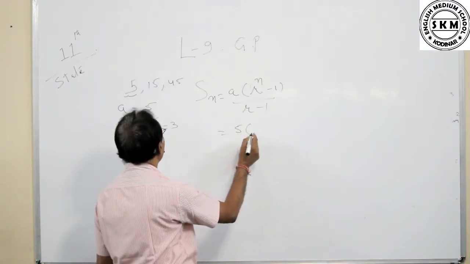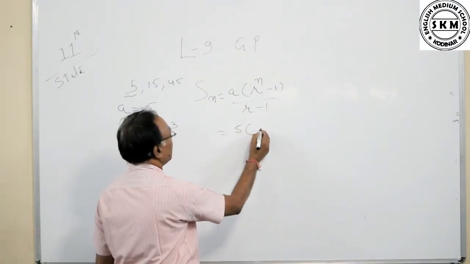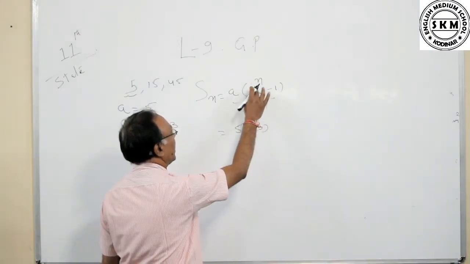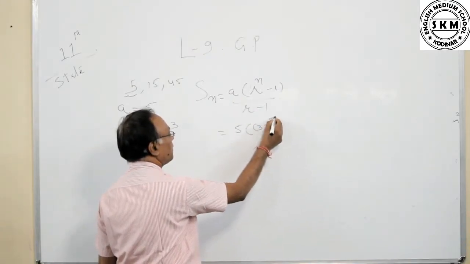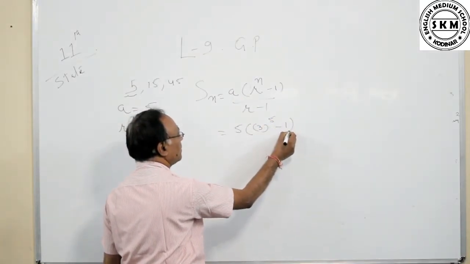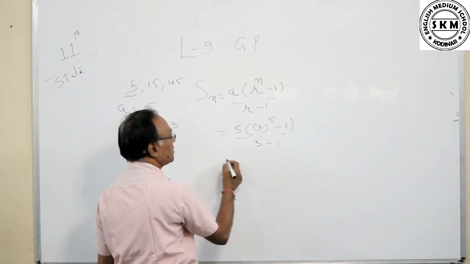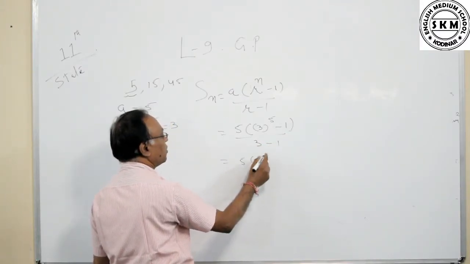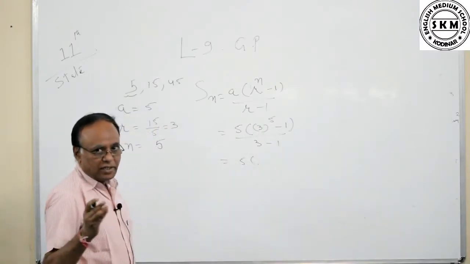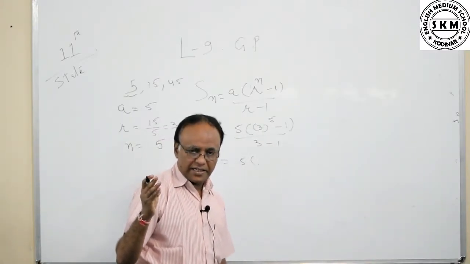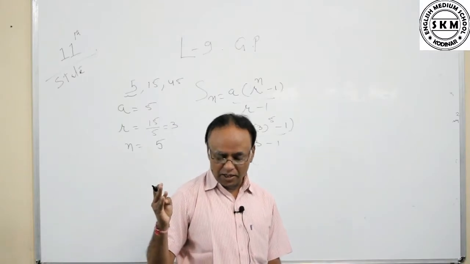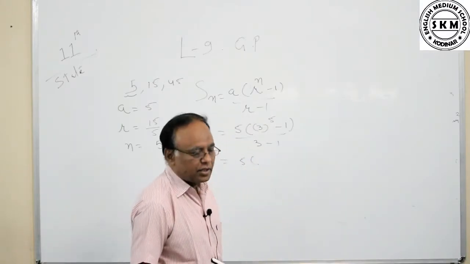A is equal to 5, r is 3, n is equal to 5, so 3 raised to 5 minus 1 upon 3 minus 1. 3 threes are 9, 3 nines are 27, 3 twenty-sevens are 81, 3 eighty-ones are 243.